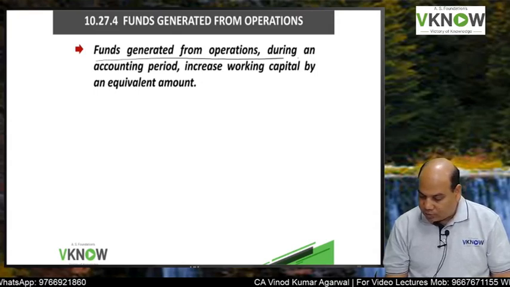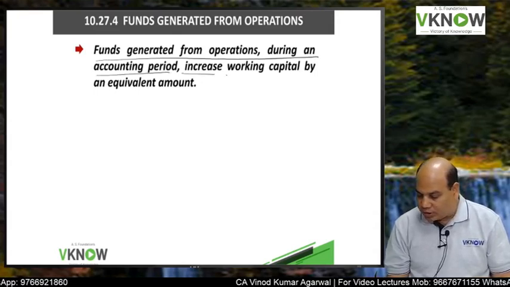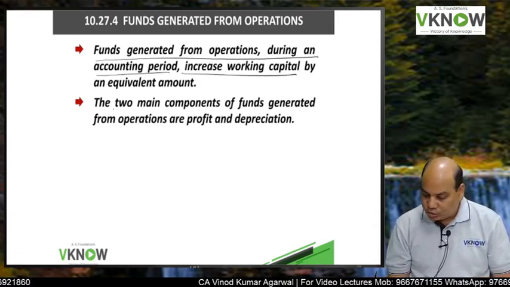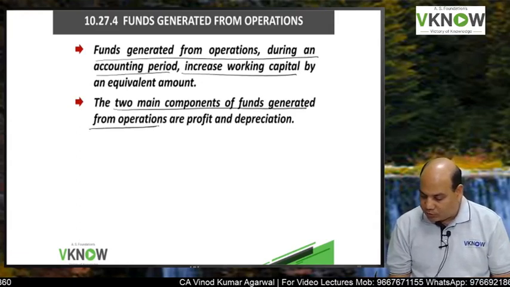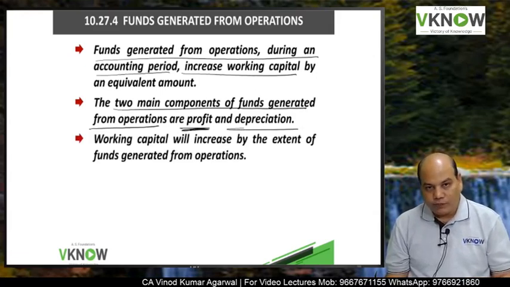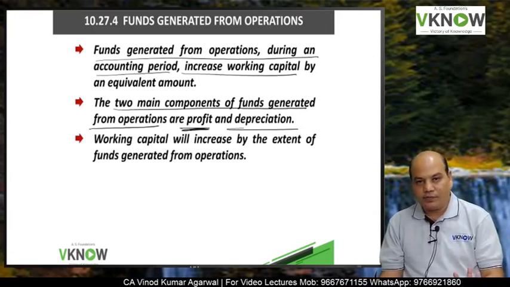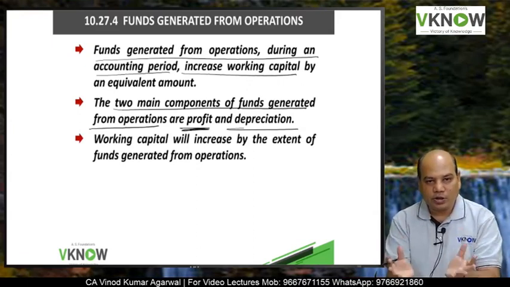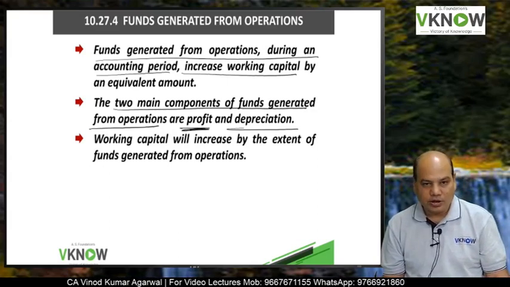Fund generated from operation during an accounting period increases working capital by an equivalent amount. The two main components of fund generated from operations are profit and depreciation. So profit add back depreciation is the fund generated from operation. To the extent of fund generated from operation, your working capital increases.